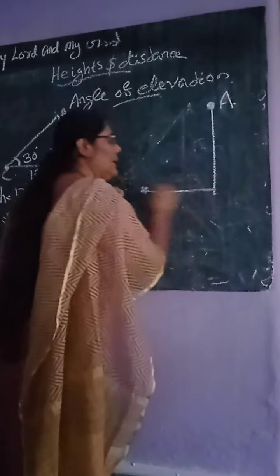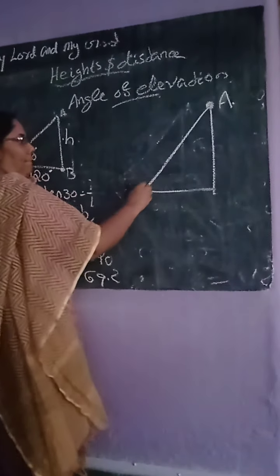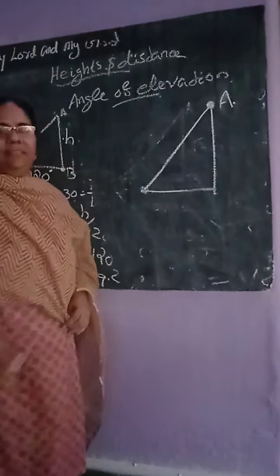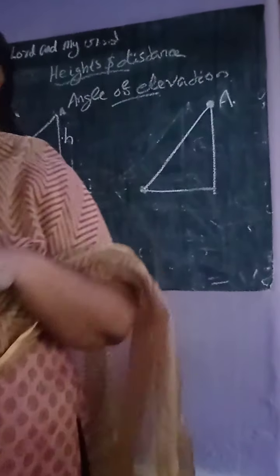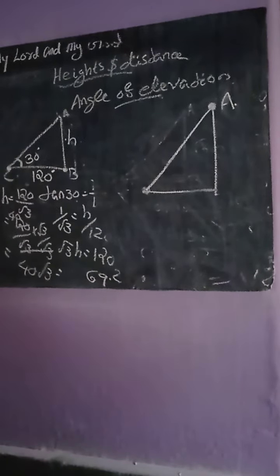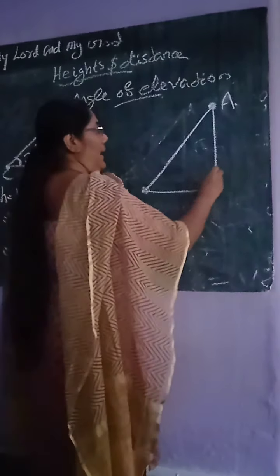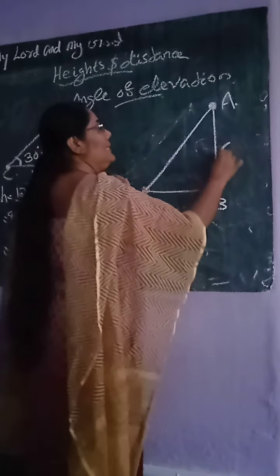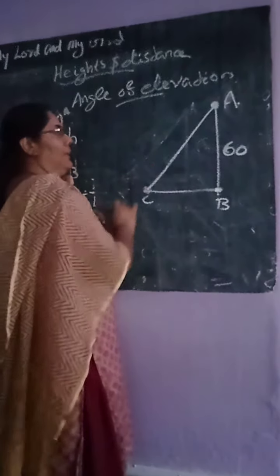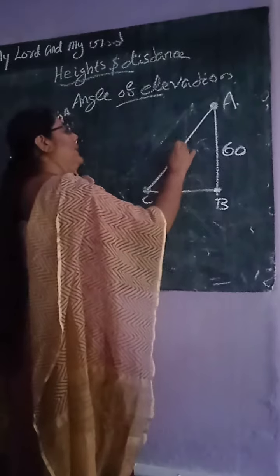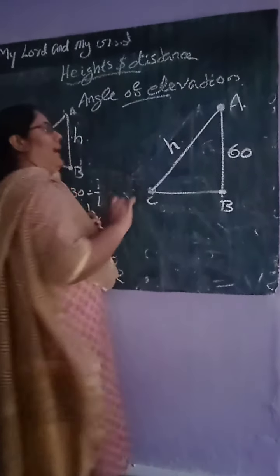Therefore, this is the condition. Find the length of the string when the height of the kite is 60 meter. We know that this is ABC, 60 meter. And our aim is to find the length of the string.